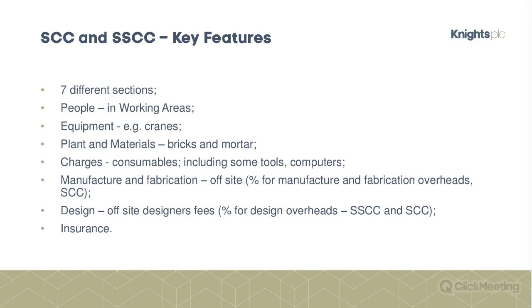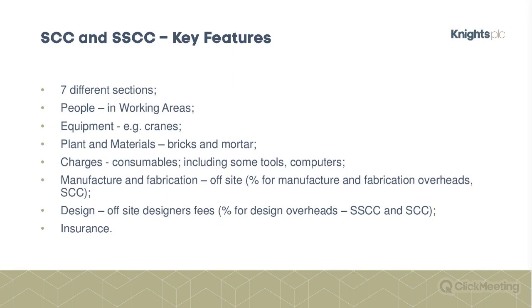So a couple of points. The people, it says that they're in working areas, so that's as distinct from the site. The site is defined in the contract, and that typically will be the area where the construction work is being carried out. Working areas typically might be wider, so really it's the areas where the people who are involved in the construction are working.